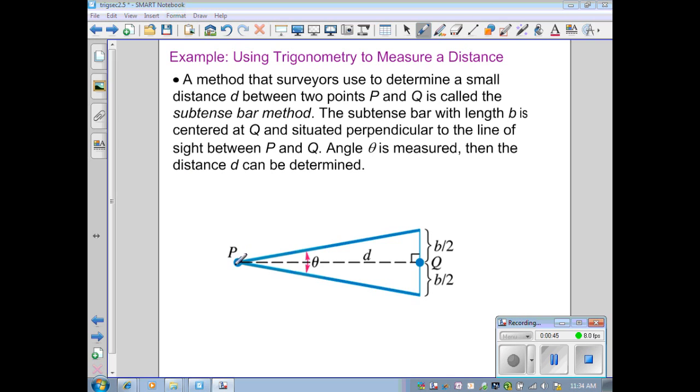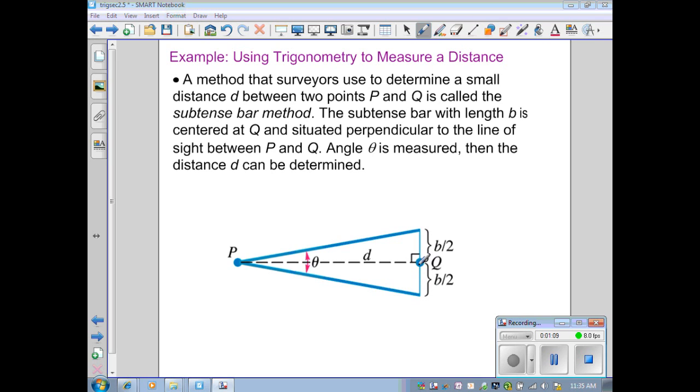So let's take a look at this diagram. Again, this is our distance that we want to measure, which is a distance between P and Q. They're going to call that distance D. Here, they measure the angle generated by this subtense bar that has a point situated at the midpoint, actually a perpendicular bisector of that segment.